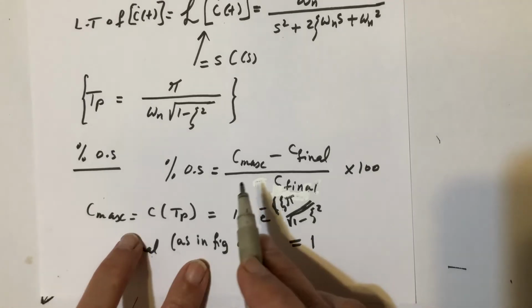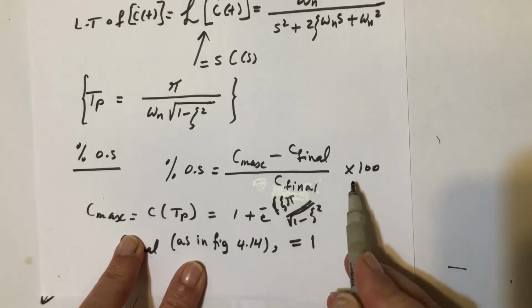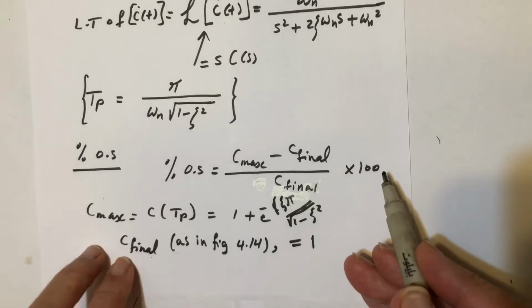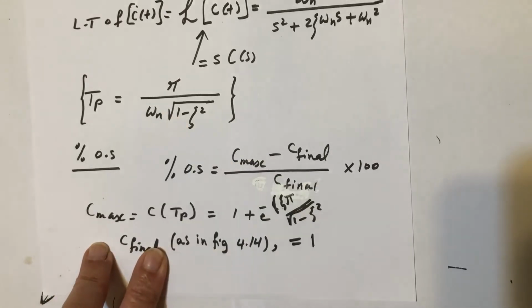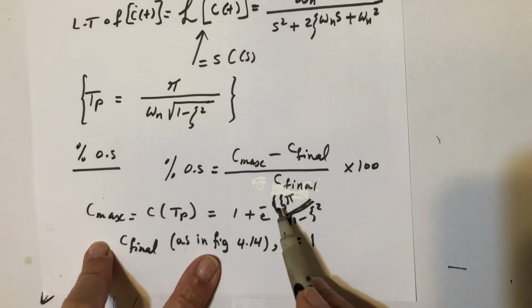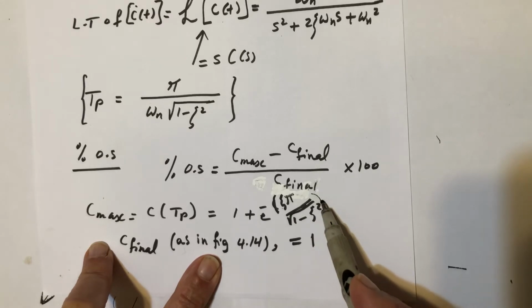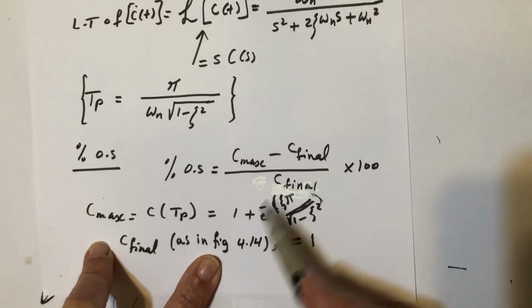So it will be C max minus C final over C final times 100, because it's a percentage. After we substitute this TP into C of t, we get C max, or C of TP, equal to 1 minus e to the power of minus zeta pi over the square root of 1 minus zeta squared. Exponential of this whole lot, okay?